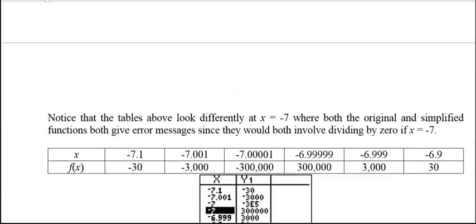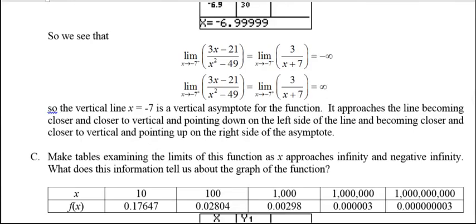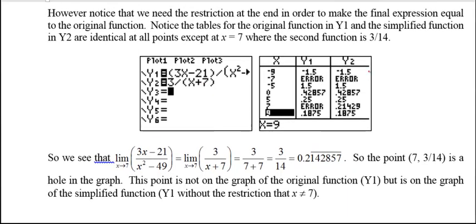Here I put in the reduced version, and we notice that these two tables are exactly the same. They both give us an error message when x is negative 7. But when x is positive 7, we get an output for this one, but an error message in the original.